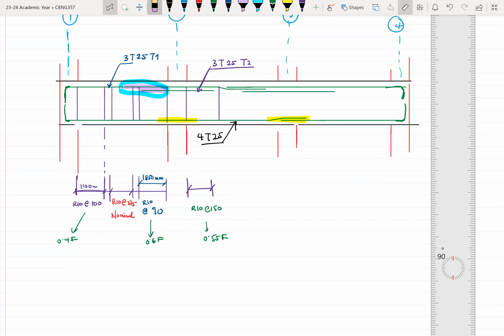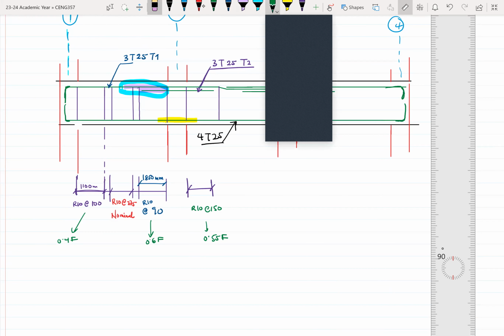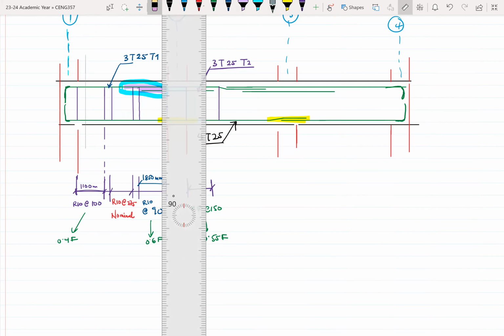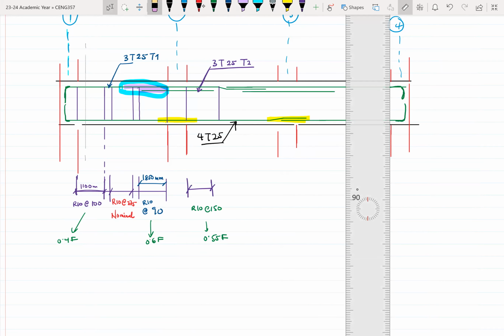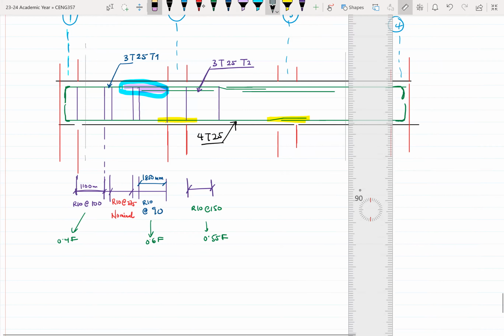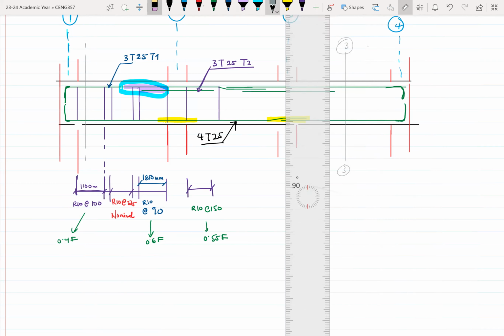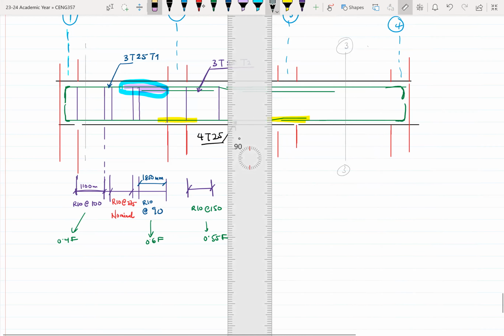If I take a section through, it'll be very close to the support on grid line 1. So I'm taking a section here. Let me call that section 1, 1. I'll also take a section that is mid span over here, and another at the middle portion of the beam.